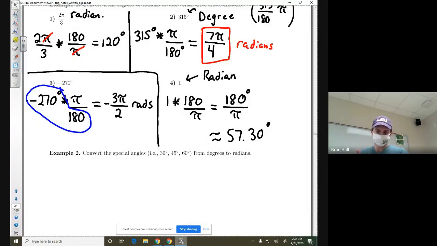All right, so example 2, we're going to convert the special angles from degrees to radians. We're all familiar with these special angles because of the special triangles. So that means we're going to need to keep in mind special radian measures now.